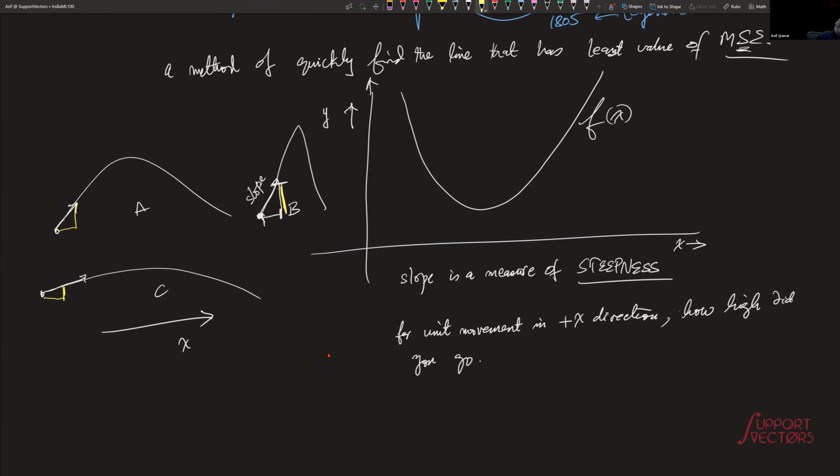But you agree that if you do the same thing, let me exaggerate this a little bit, for this distance, B is the steepest because you have climbed the most in B. So slope is defined as climb per unit forward movement.